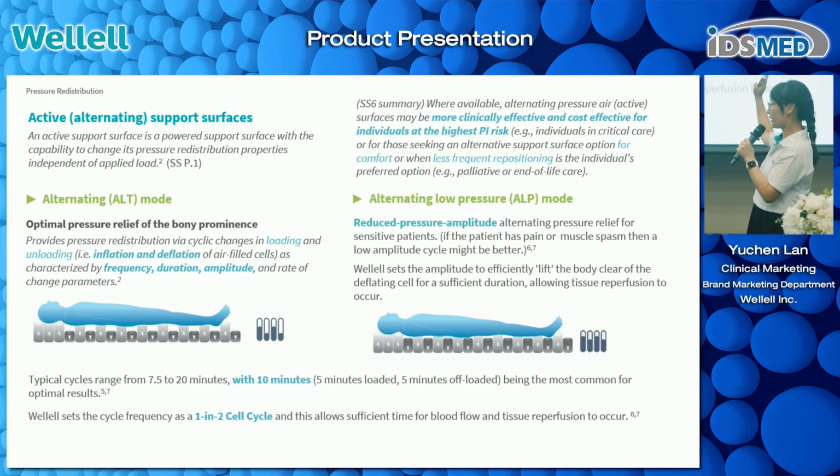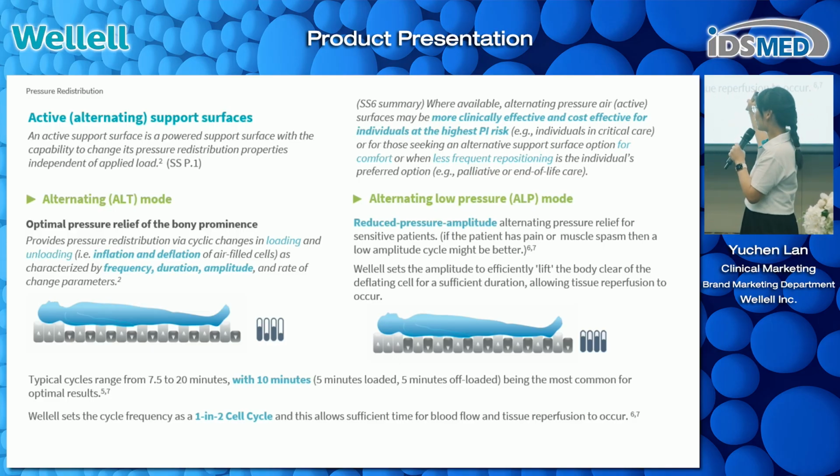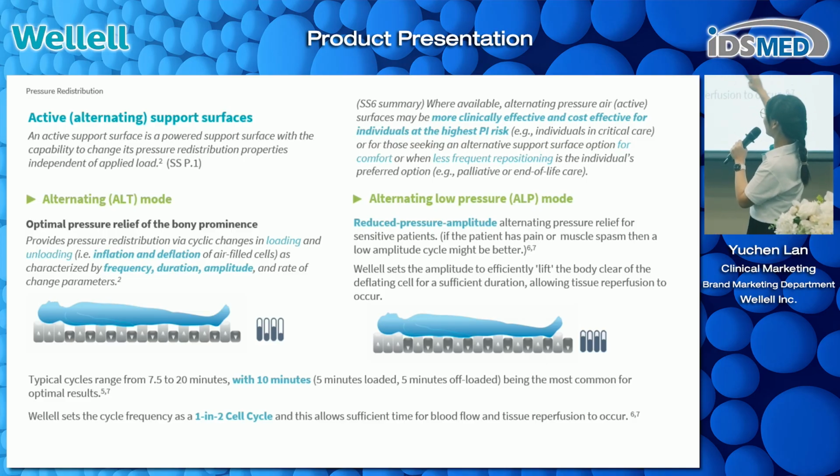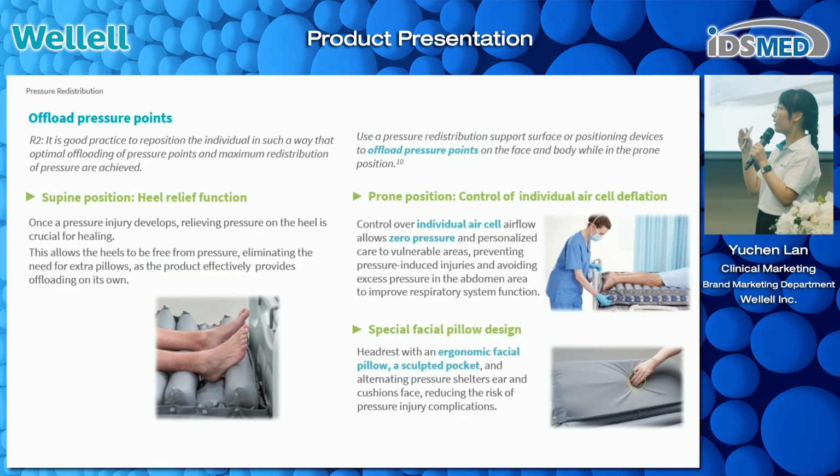For example, some patients who are more sensitive or critically ill might feel pain. For these patients, to increase their comfort, we could suggest an alternating low pressure mode, this kind of alternating function. So these are the two basic and most frequently seen functions of pressure redistribution.